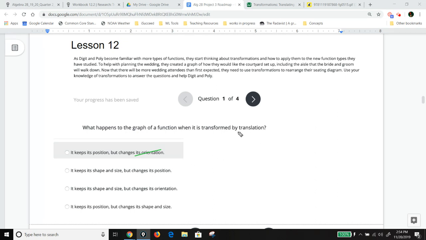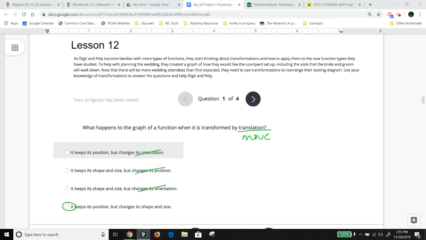Well, the whole point of the translation is to move. So I can't keep a position. I can't keep that location. It keeps its shape and size, but changes in orientation? Nope. So it has to keep its shape and size, but moved position.